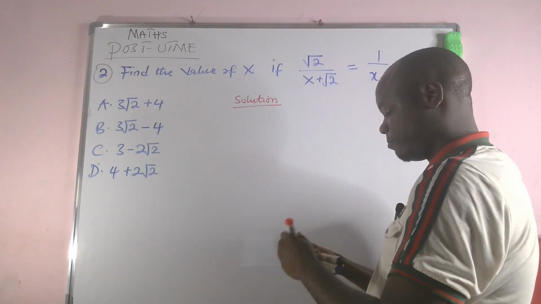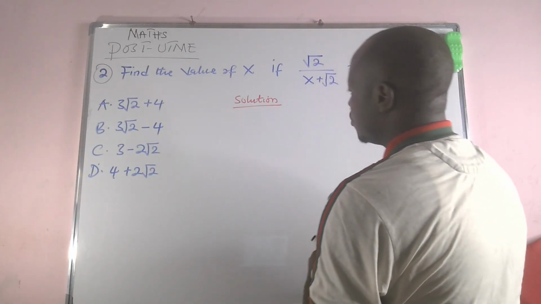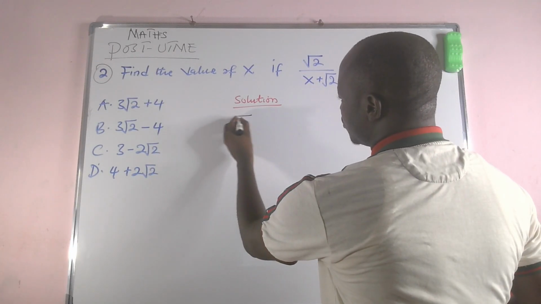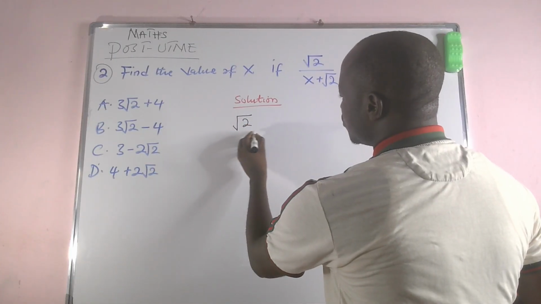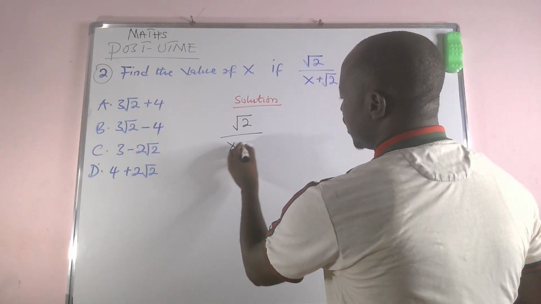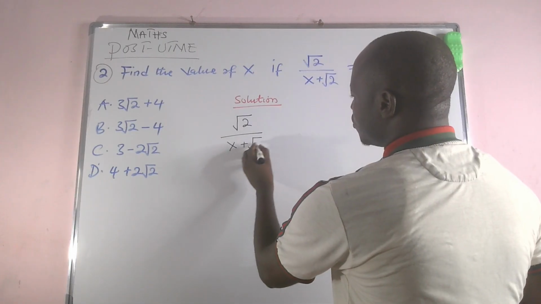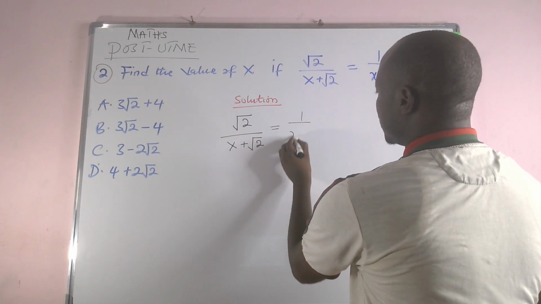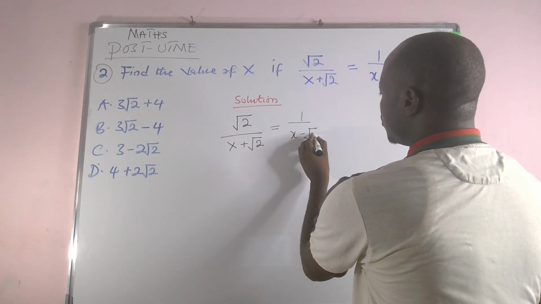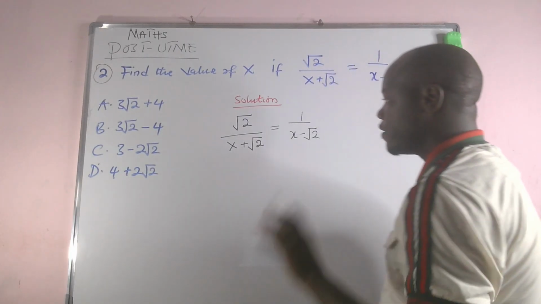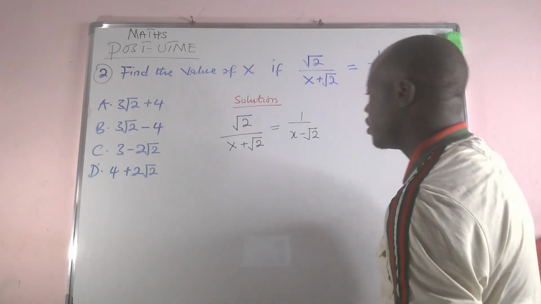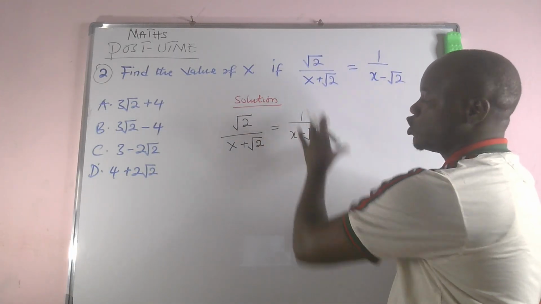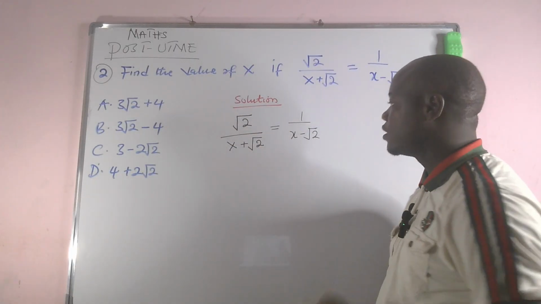Solution. So we are now going to take our equation. So we have root 2 divided by x plus root 2 is equal to 1 all over x minus root 2. So what is the first thing that we are going to do here? We have the equation, so we have to check the equation first.